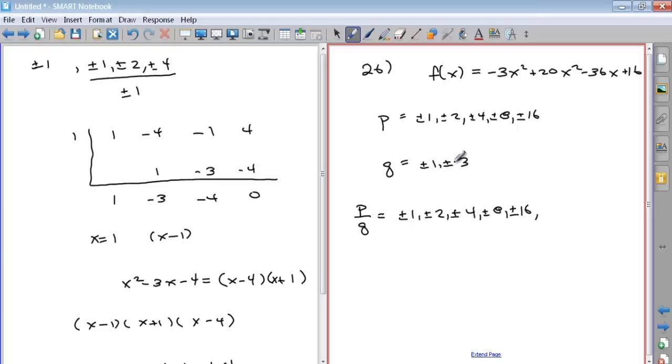And then all those divided by 3, so you get plus or minus a third, 2/3, 4/3, 8/3, 16/3. So we have 10 times 2 for plus or minus, which gives 20 possible zeros, which is horrendous as far as figuring it out.